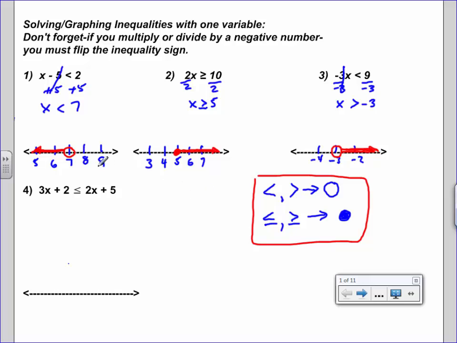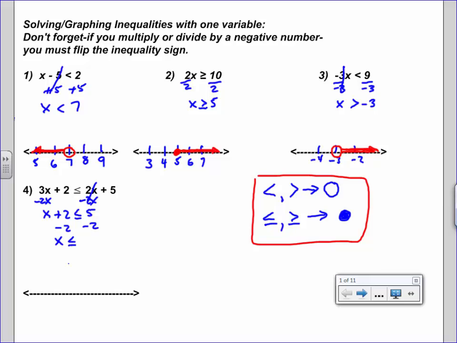Now, just like you learn slightly more complicated equations, here's a slightly more complicated inequality. You want to get all your x's on one side and all your numbers on the other. We'll start by getting all our x's on one side. And if we subtract the 2, we now have all our numbers or constants on the other side.